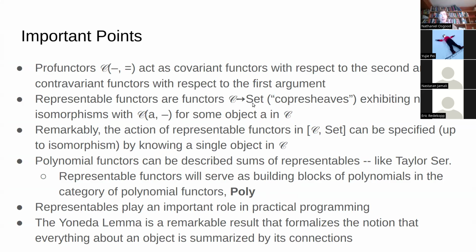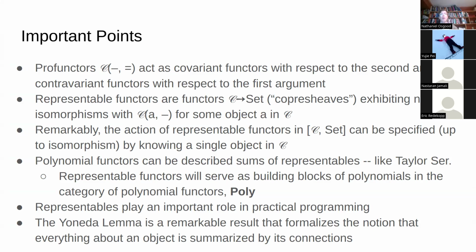Plug in any object, get a set, plug in any morphism, and it'll be a mapping between those hom sets. So again, a morphism here from B to C will give us a map from C of AB, that's some set, to the set C of AC. It's a function between sets.